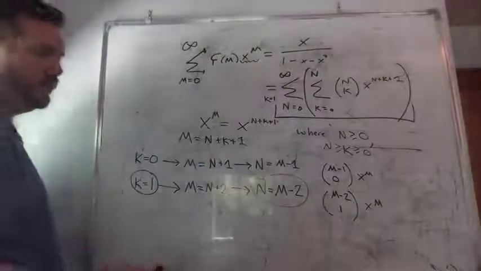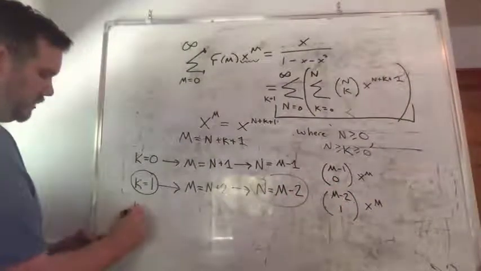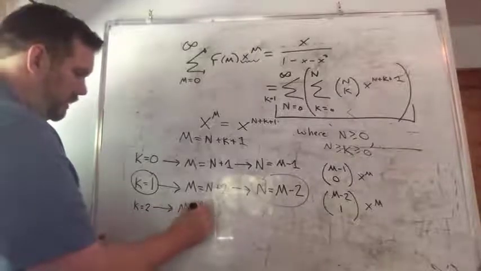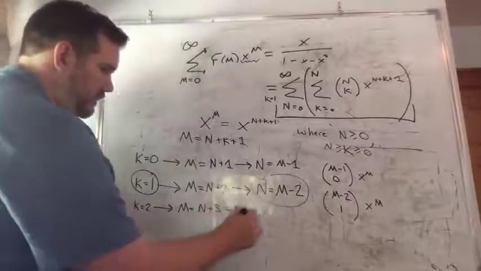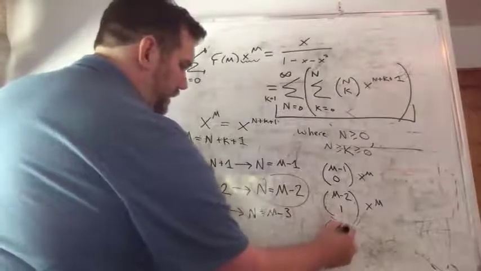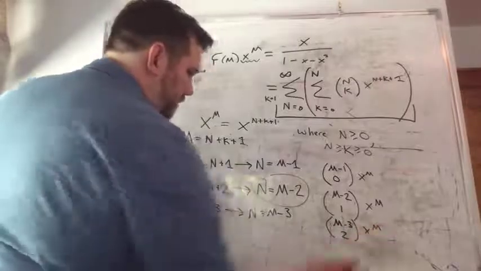So far I know that at least I have these x to the m terms. And this is going to continue when k is equal to 2. I now have m is equal to n plus 3. So n is equal to m minus 3. So I'm looking at an m minus 3 choose 2 x to the m.